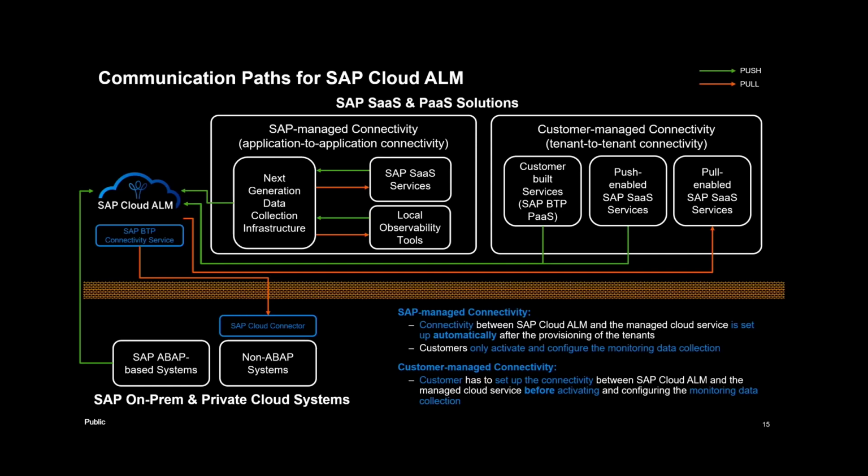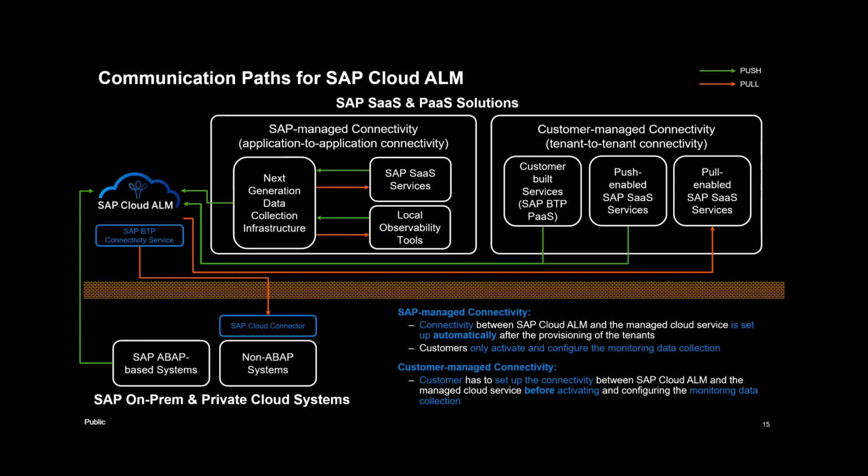We still have other cloud services that use the classic push, the tenant-to-tenant push, if you will, to send monitoring data to Cloud ALM, like SuccessFactors. You go into this, and after some time you will find this nice UI where you can enter all the information, and then you click register.